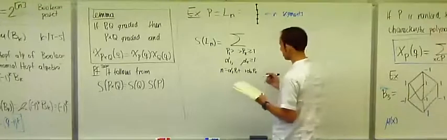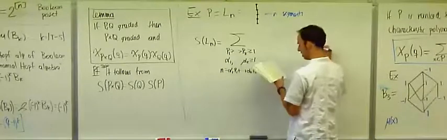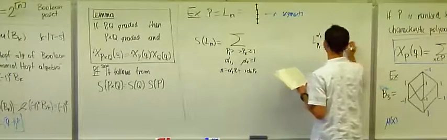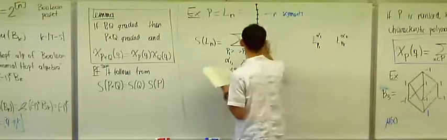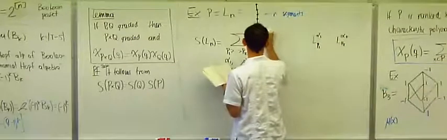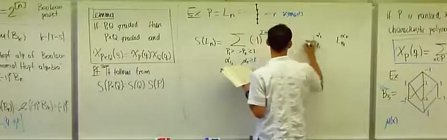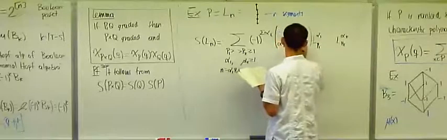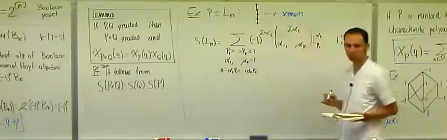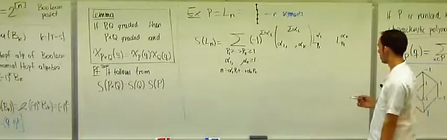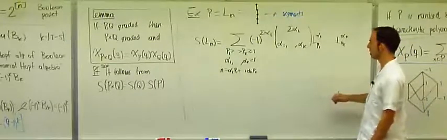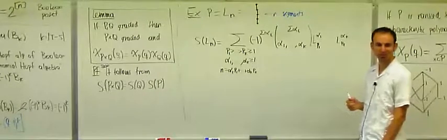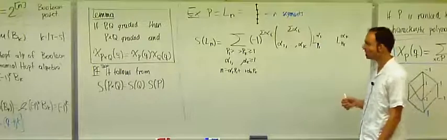And then you get something times LP1 to the alpha 1 up to LPK to the alpha k, with some coefficient. And the coefficient looks like this. Okay. You did this, it's in your homework. And this is the best possible formula for this antipode, which is maybe a little bit of a letdown because it was a pretty simple poset, right? But the antipode is not so nice.